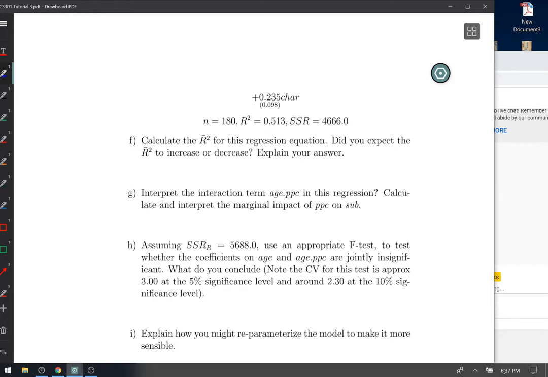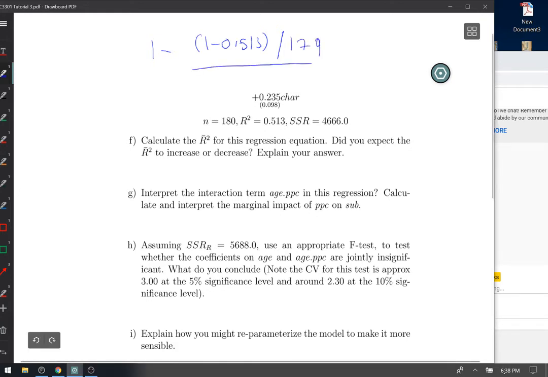It's just the usual formula: 1 minus the R squared, which is 0.513 in this new regression, divided by n minus 1, 179, since the sample size is 180, all over n minus k minus 1. So we've got 4 variables, 5 with the constant, you take away 5, so the degrees of freedom is 175.